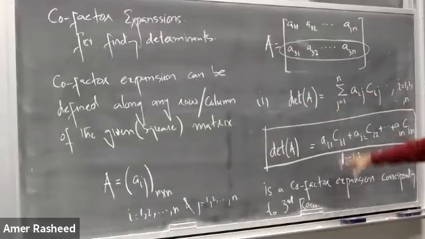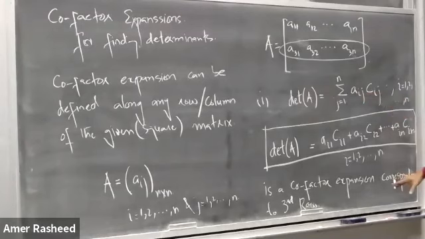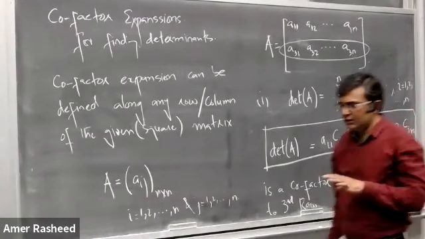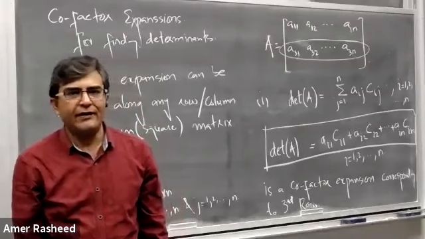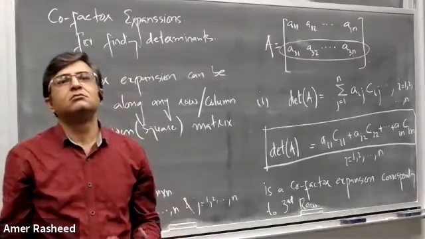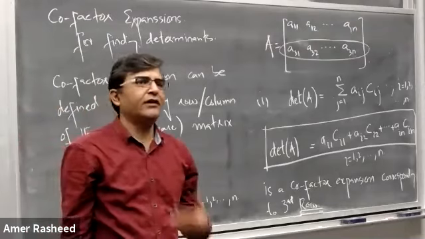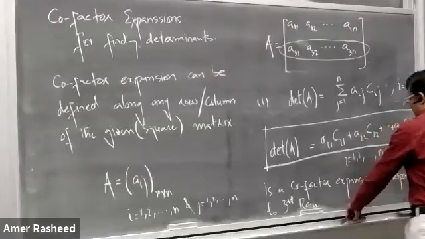Now, I hope you get this concept, this cofactor expansion along any row. This is how you can define them. Okay. Now the question is whether we can find the determinants by writing cofactor expansions along any column. Yes, we can define cofactor expansions along any column as well.